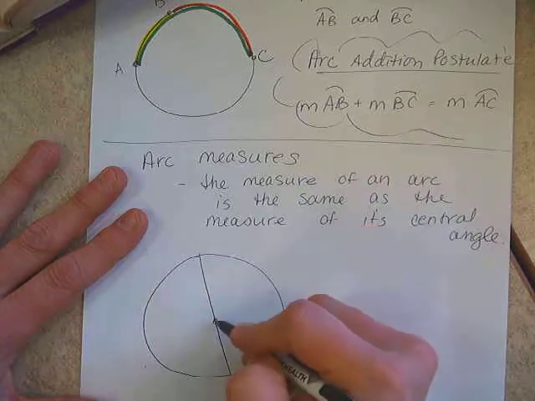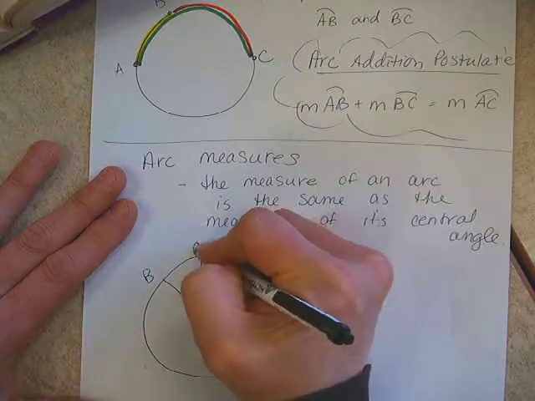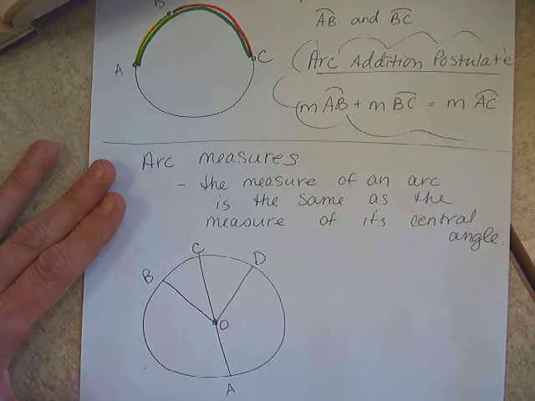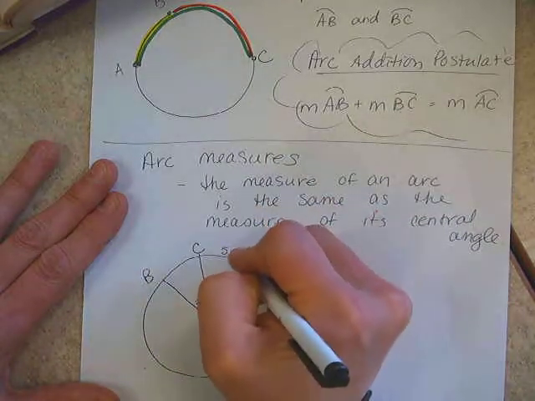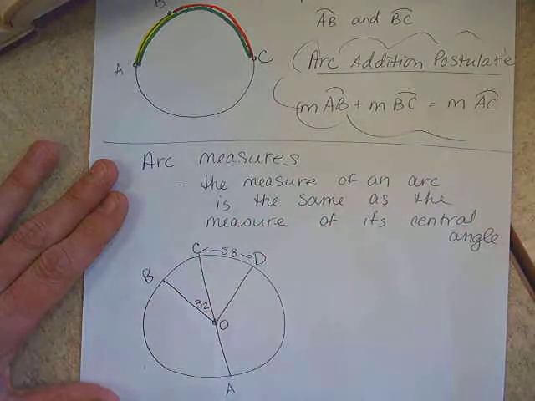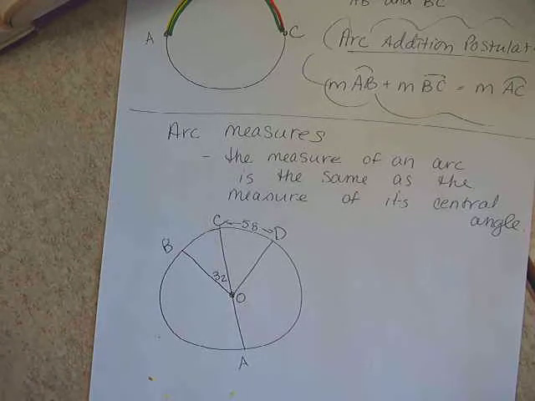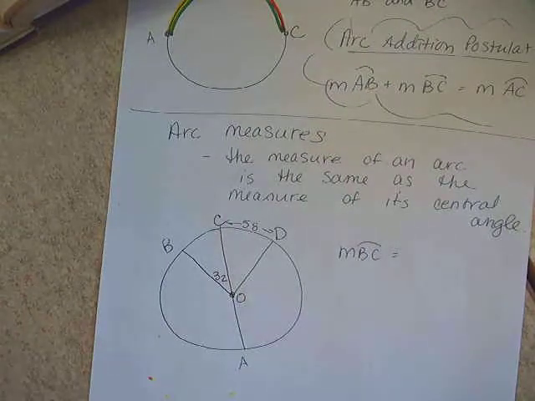That makes it pretty handy. All right, so if this is the information that we have, we should be able to find the measure of any other central angle or any other arc with what they've given us.